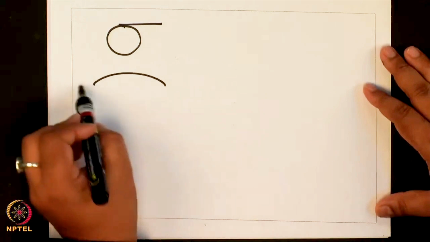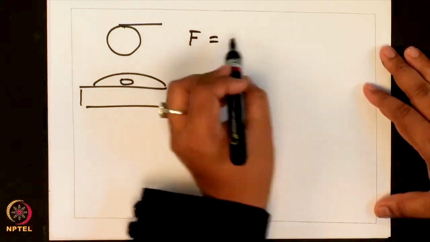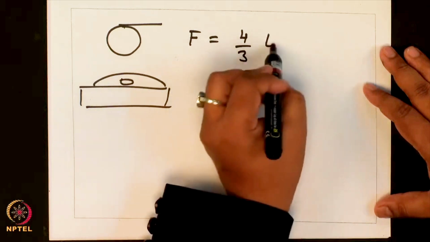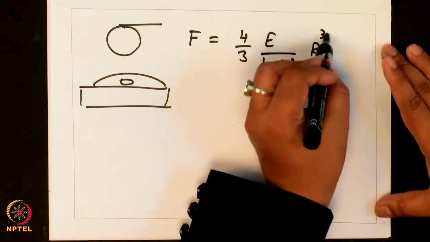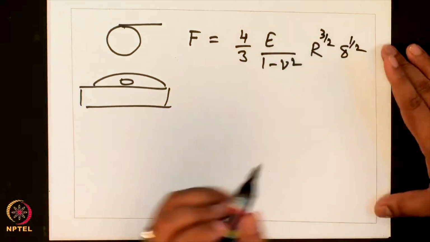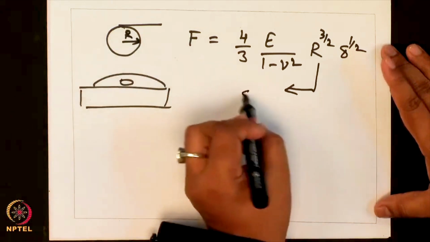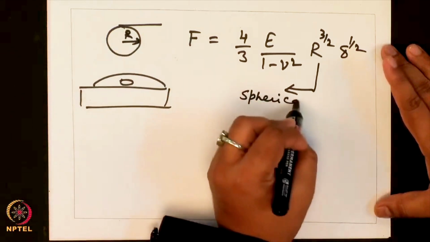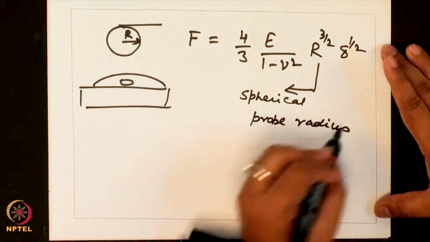Okay. So, similarly to Sneddon's model, you can use another model where you use a ball or a spherical cap to indent your sample, okay, you can have another expression. Okay. Here R is basically the radius of the tip. Okay.